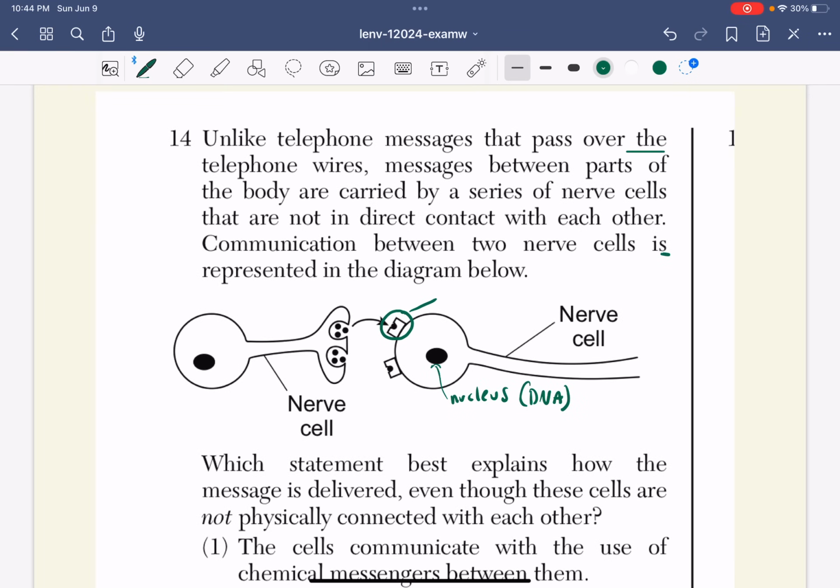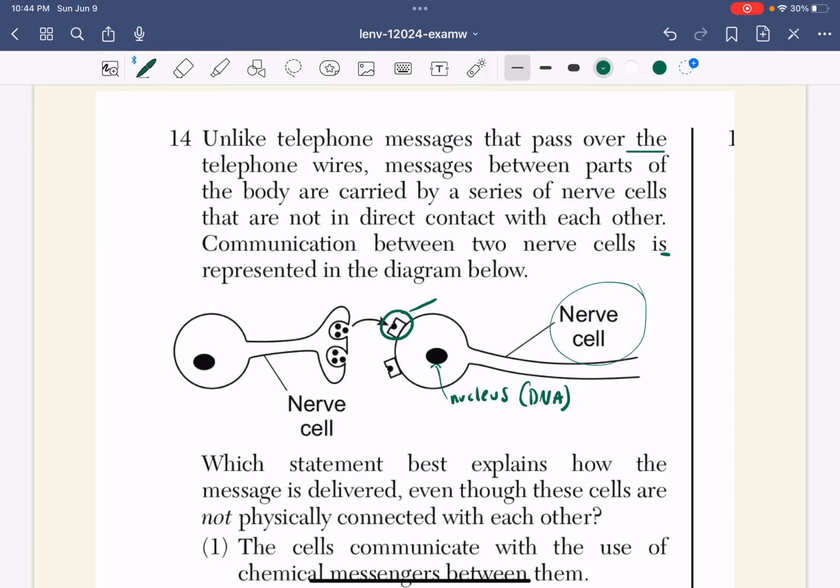Because what I've said before is whenever you have a picture, you have to understand what you're looking at. What are you looking at right now? You're looking at nerve cells, okay, but this looks like bones, Miss T. What are we looking at? Nerve cells are very specialized cells that are part of your nervous system. They're not going to look like your skin cells.